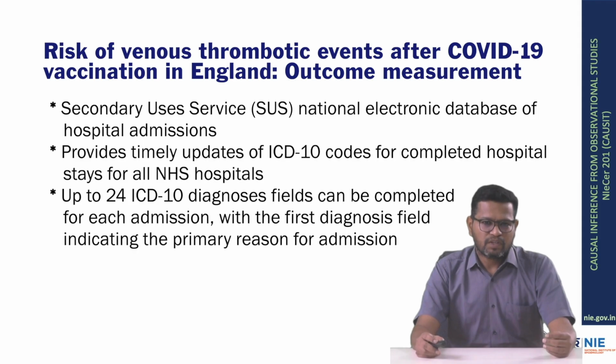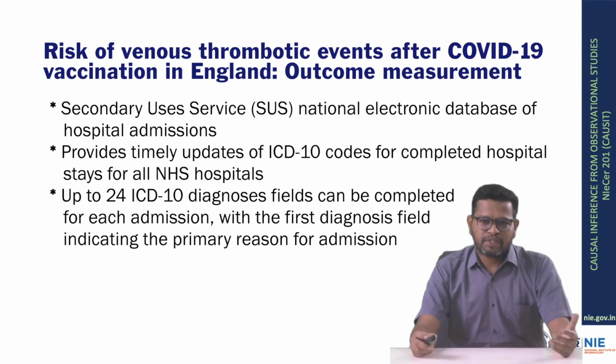A national cohort study conducted in England assessed the risk of cerebral venous thrombosis, other venous thrombosis, or thrombocytopenia after COVID 19 vaccination by linking the hospital admissions due to these conditions with the National COVID 19 Immunization Register using NHS numbers.